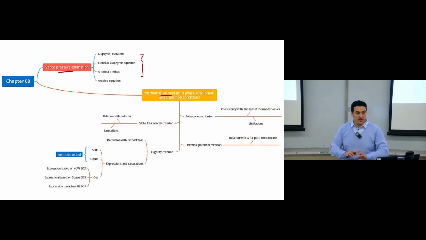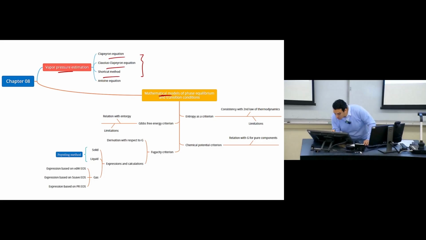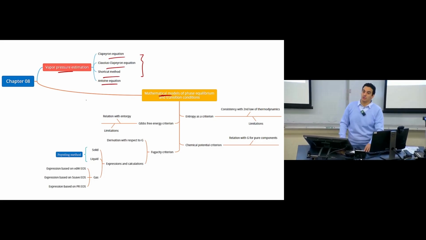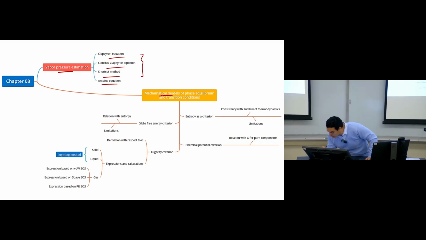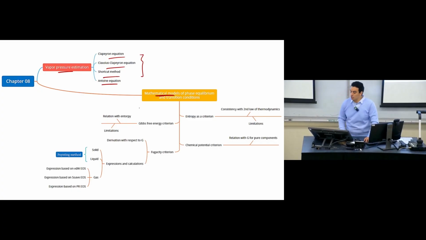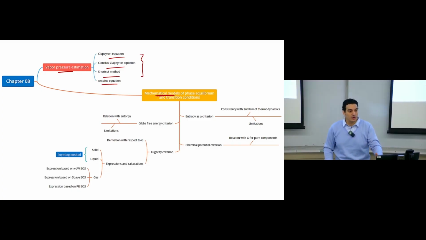If you have enough information that you can use any of these equations in order to calculate vapor pressure or estimate the phase equilibrium conditions, then go for it. But if you don't have this data available, then the only solution is to develop mathematical models in order to know the conditions at which phase equilibrium will exist.